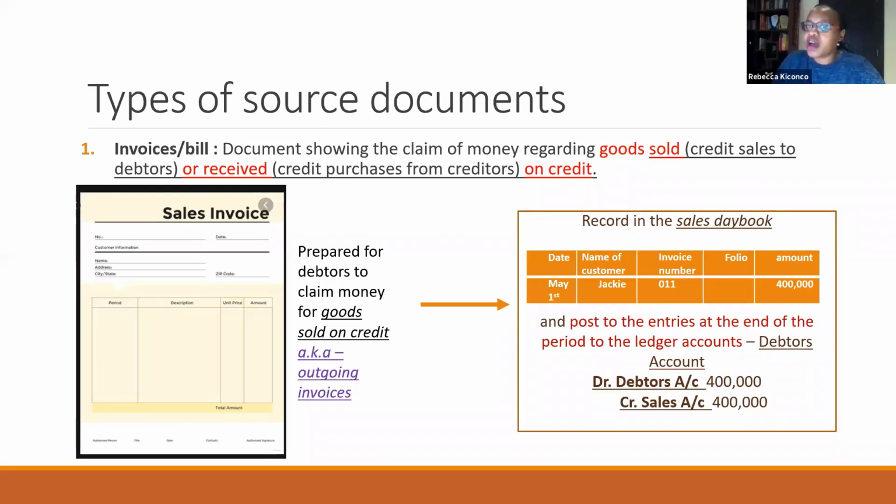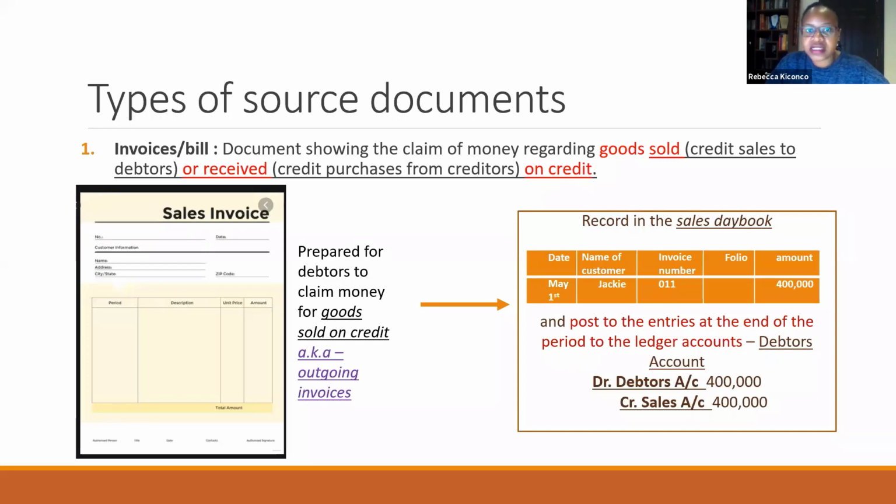And then we also have an invoice number upon which we sold the goods to Jackie. And then we have the folio, which is also usually a reference number, and the amount at which we made the sales to Jackie, Jackie being our debtor. So that is the format of the sales day book or the sales journal.